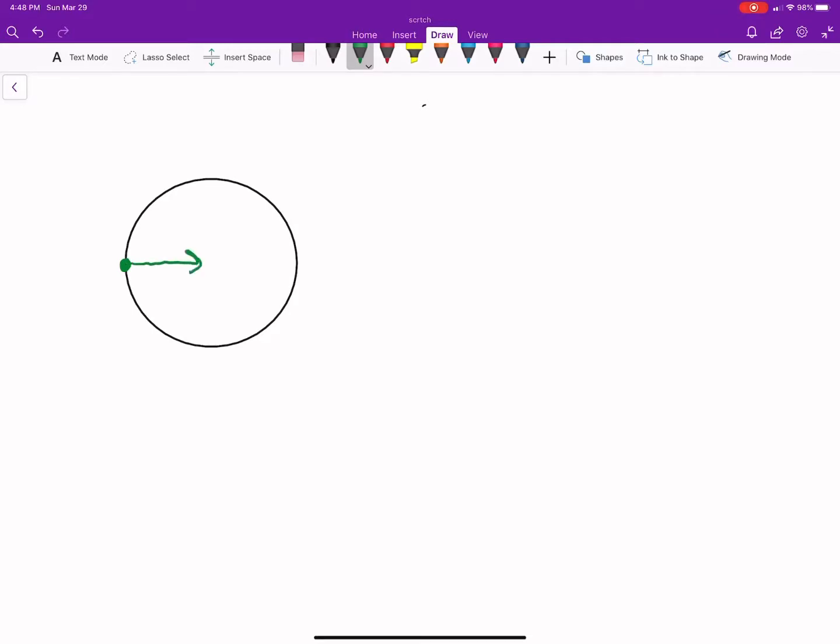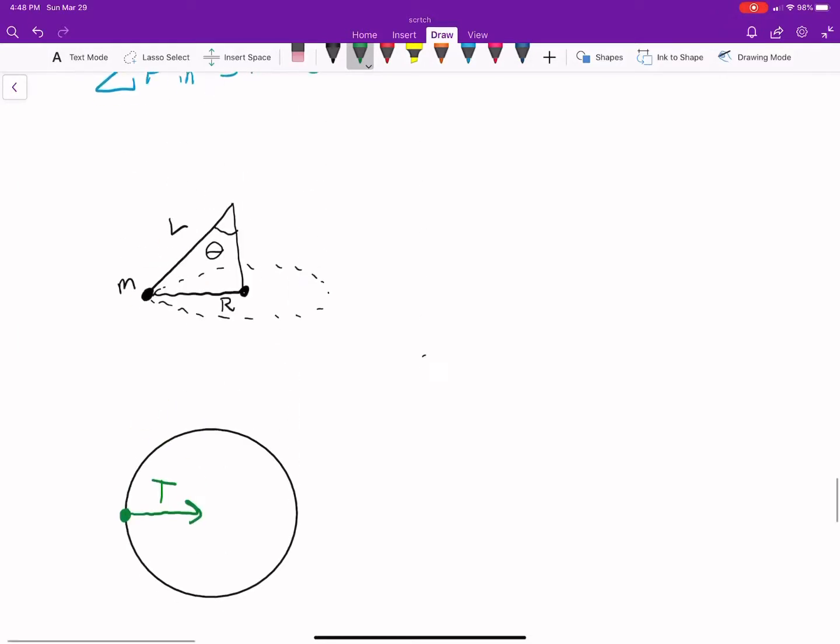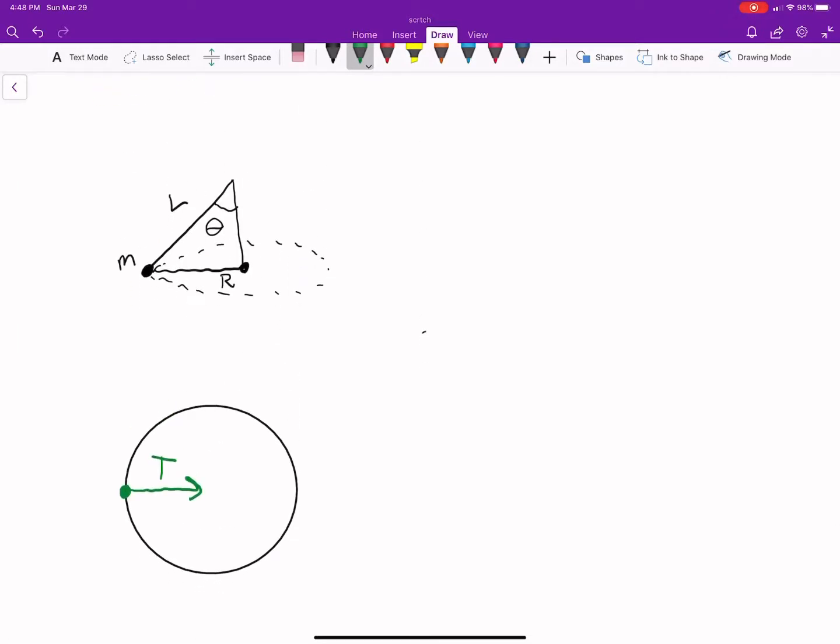Well, your tension force. Your tension force is what's doing that. There's also a force of gravity, right? But the force of gravity is not pulling it towards the center or away, it's pointing down. So the force of gravity would go into the page if we were to think of this three-dimensionally.